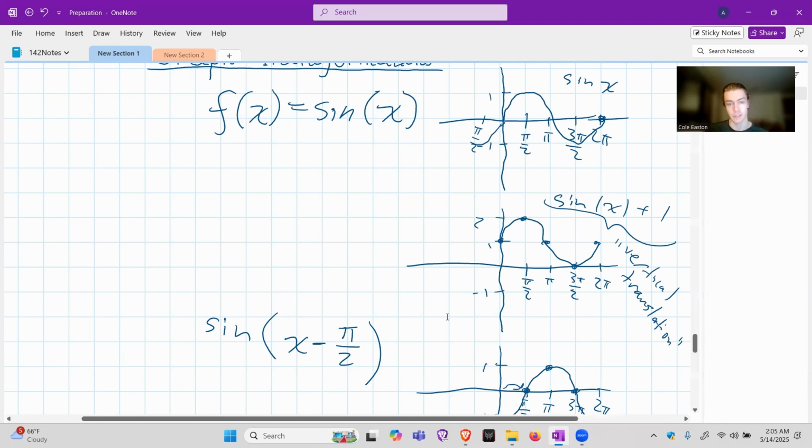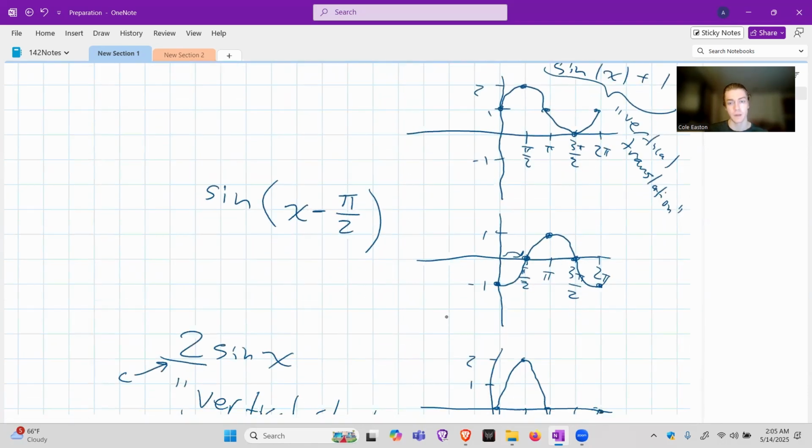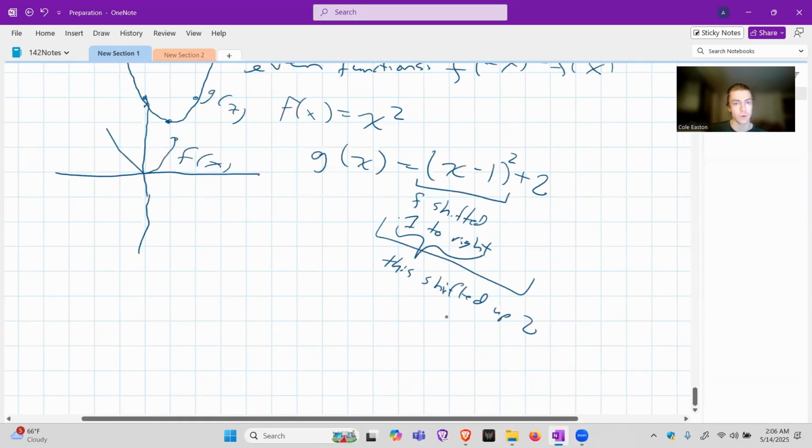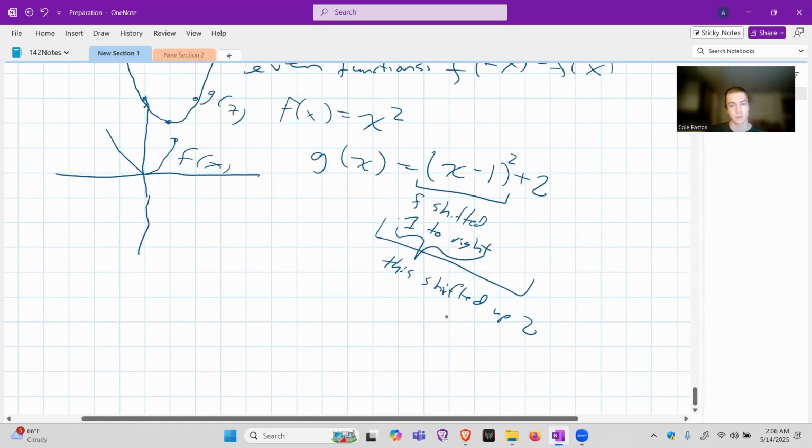Translation is basically a fancy word for movement. And this is a horizontal translation. All right, so we used our translations to figure out g.